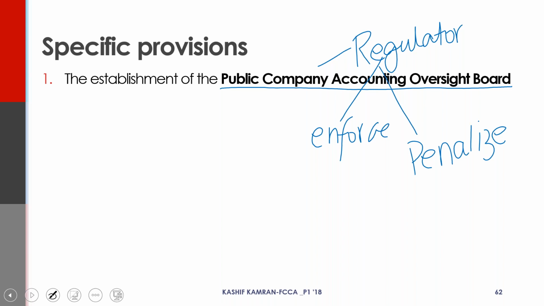When Sarbanes-Oxley was introduced in America in 2002, the very first thing they did was establish a regulator. Which regulator? PCAOB, which is the regulator for enforcing Sarbanes-Oxley in America, and for penalizing a company if the company fails to comply with Sarbanes-Oxley.